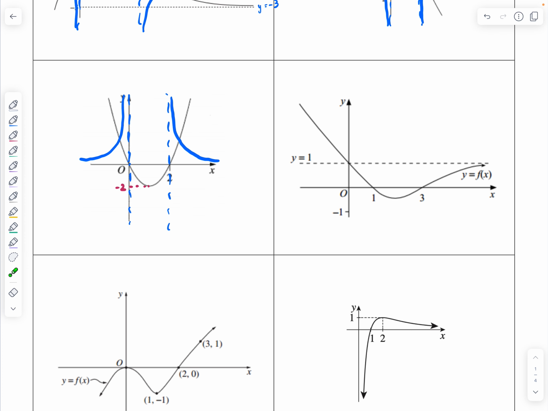Now, here, well, it's going to be like that, but I guess the question is is it like that, or like that, or like that, right? So I've added a -2, so when the original reaches a height of -2, the reciprocal reaches a height of -1/2. So it's going to be like that.